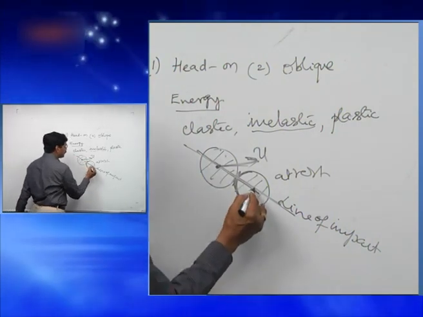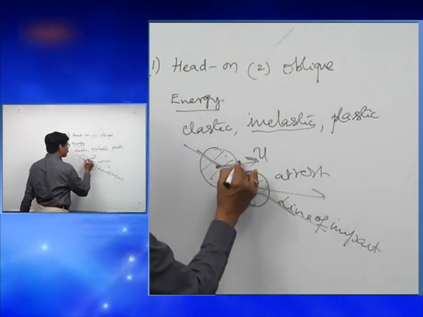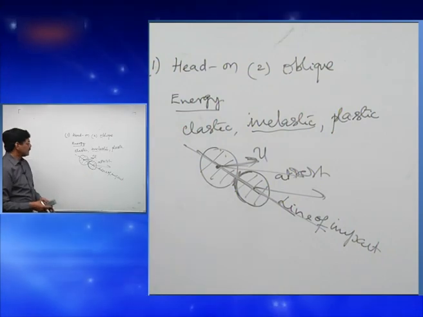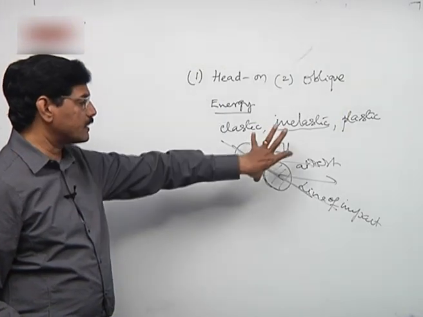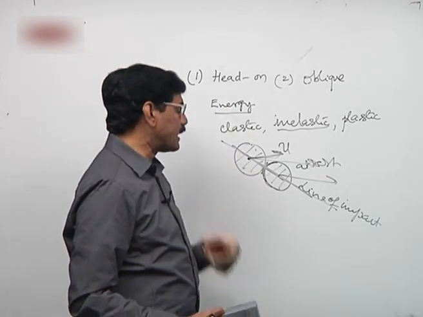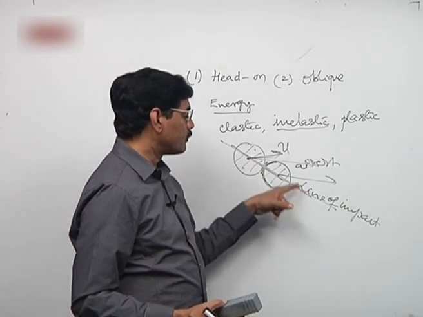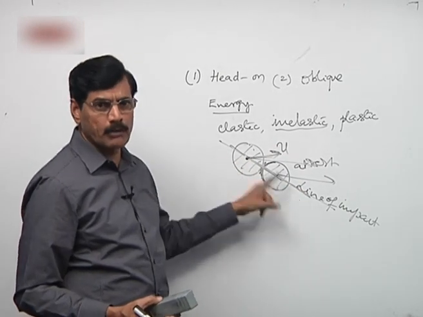After collision, the first one may be moving in a different direction, and so may the other. So this collision we call oblique collision, because the motion before and after collision is different from the line of impact.